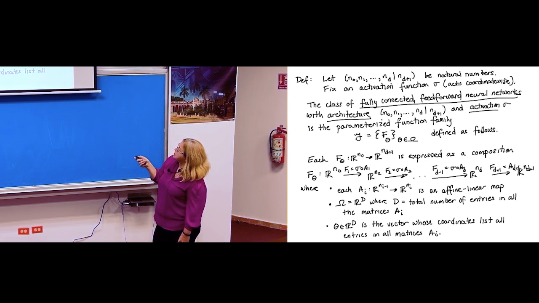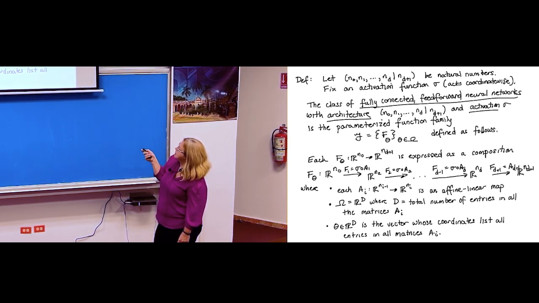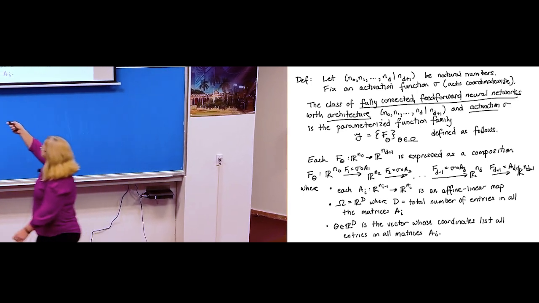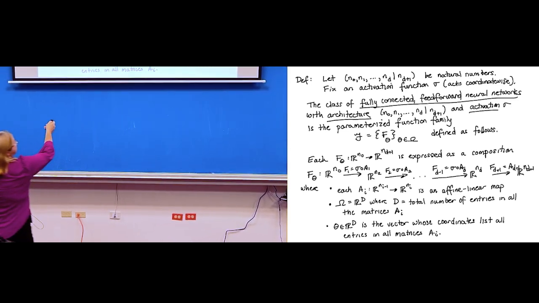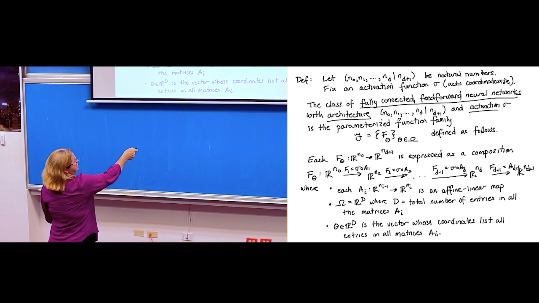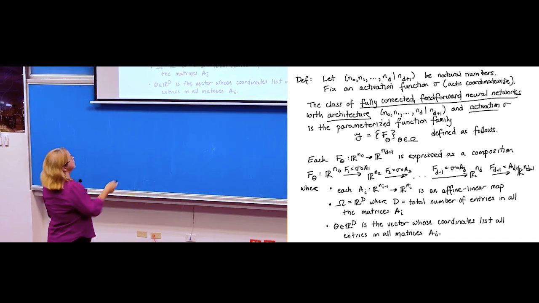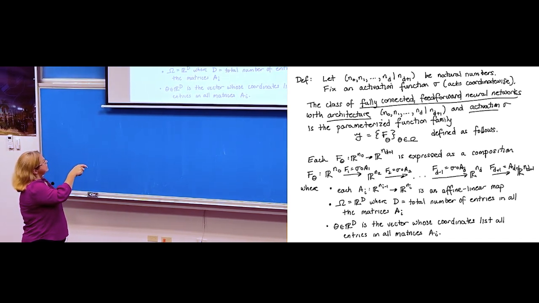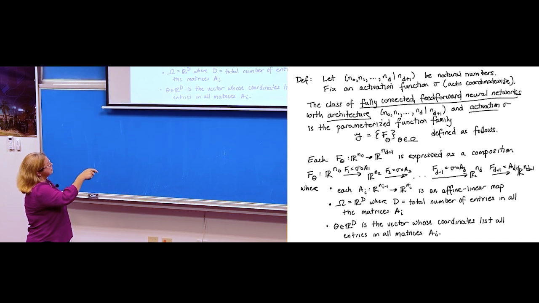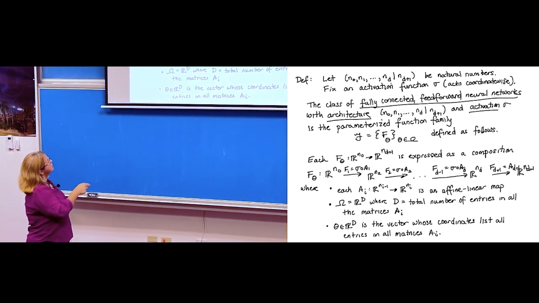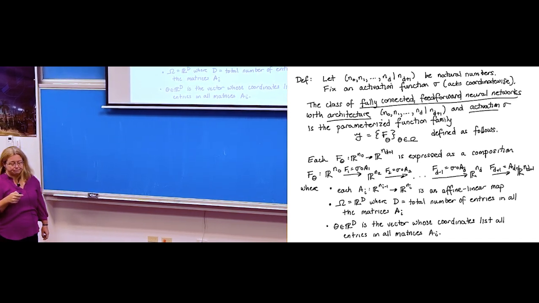What kind of a function is it? It is built out of simple functions as follows. So your domain is R^n0. Eventually, you end up at R^nd+1. And these intermediate functions that you take the composition of all of them have a very specific form.